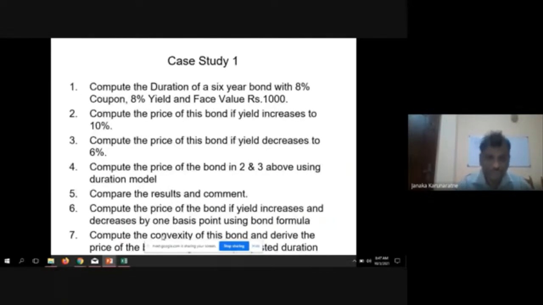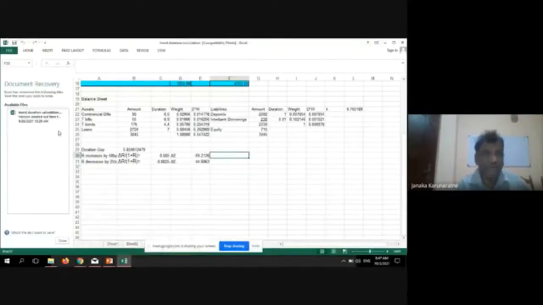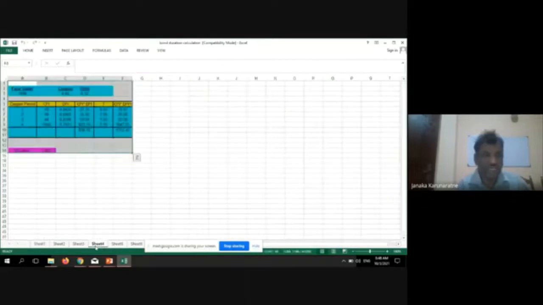Okay, so let's move on to the worksheets again. Let's look at how we worked out the 1 basis point change.